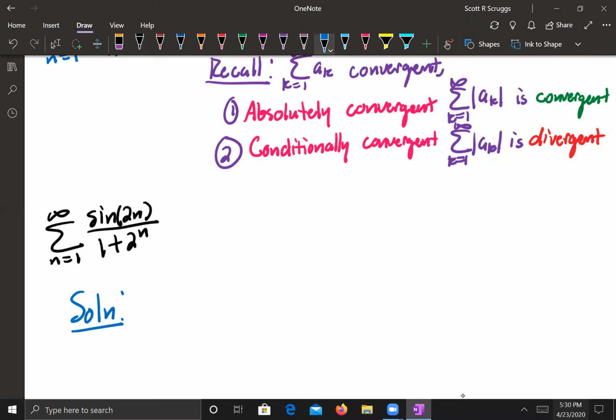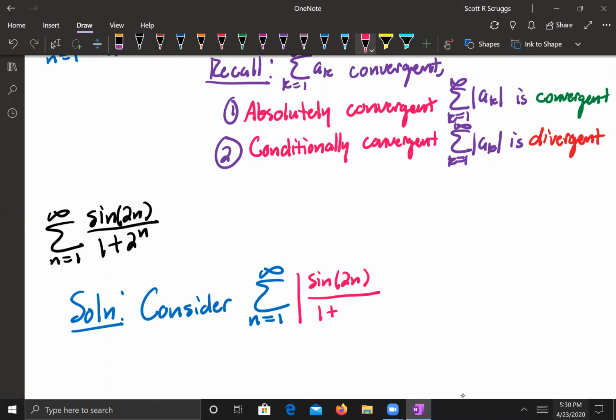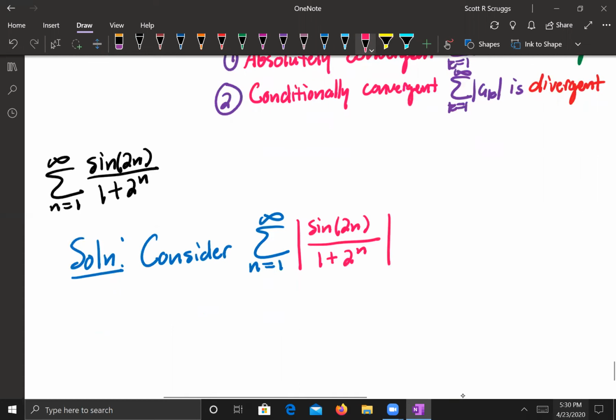If I have that sine term and it's hard for me to tackle, let's consider the series where I take the absolute value of that whole thing. And here's why I want to know that. And here's kind of my thought process for you.